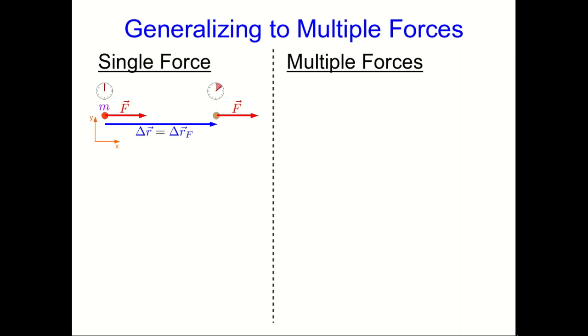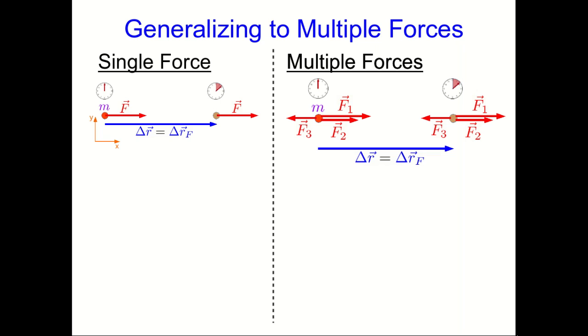Well, a single force acting on a particle is an awfully special case, so let's at least generalize to multiple forces. The thing to notice is that our equation of motion, which contained just the one x component of the single force, is just going to get replaced by a sum over the x components of all the forces on the particle. While everything else in the derivation was really just arguments from how 1D kinematics with uniformly accelerated motion worked.